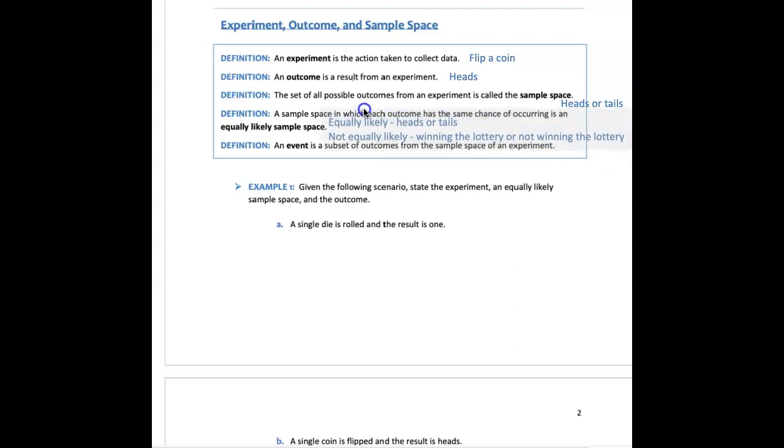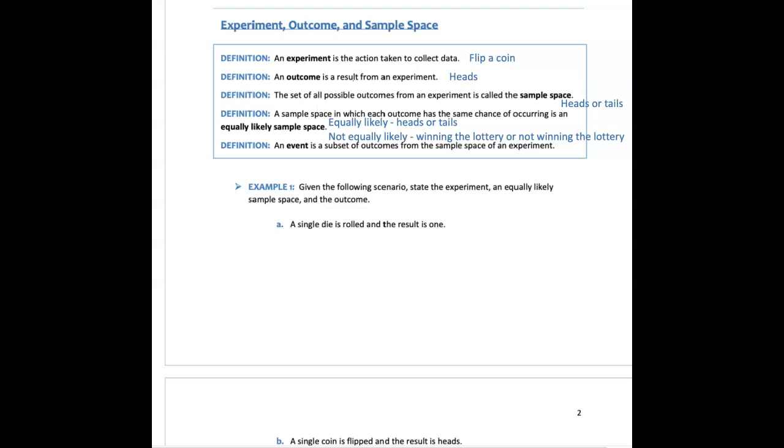Equally likely is that example of getting heads or tails when you flip a coin. Not equally likely is winning the lottery or not winning the lottery. An event is a subset of outcomes from the sample space of an experiment. And you will see what we mean by event when we get into the examples here.